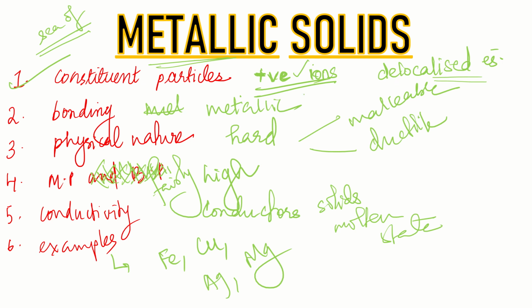Alright, so bonding is metallic, physical nature is hard, but they are malleable and ductile. Melting point is only what we are talking about, and melting point is fairly high. Conductivity, they are conductors in both solid state as well as in molten state. Examples: Fe, Cu, iron, copper, magnesium, silver, any of the metals.